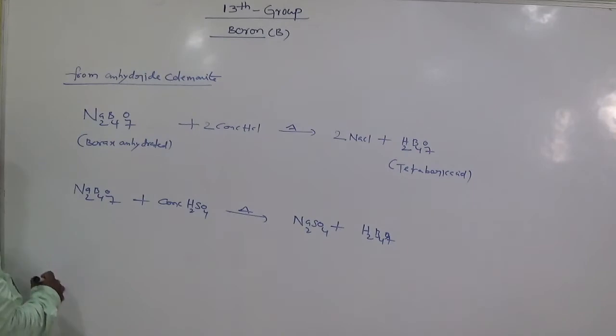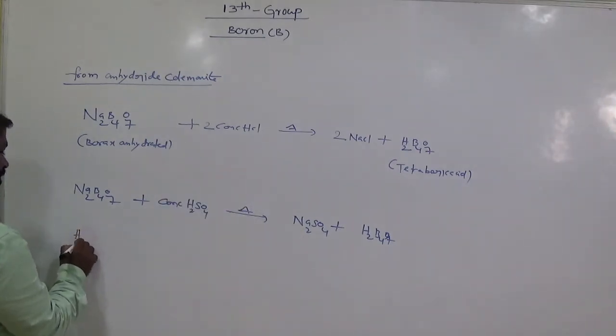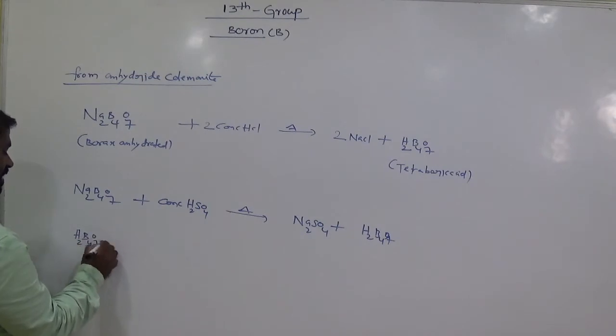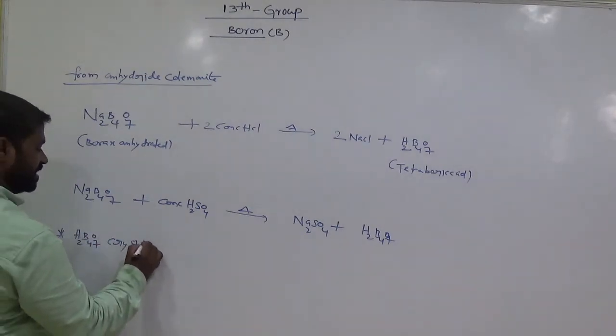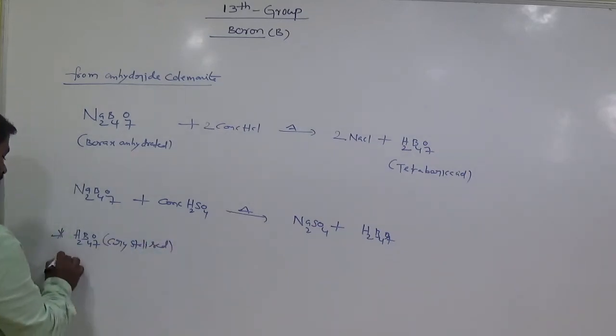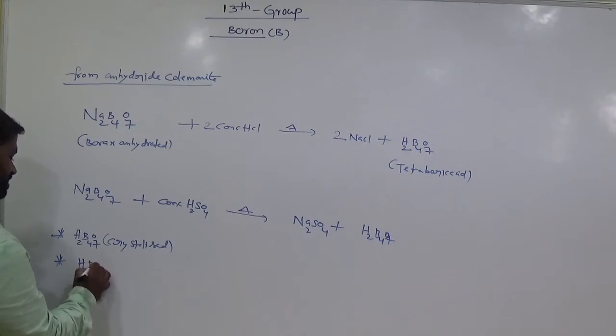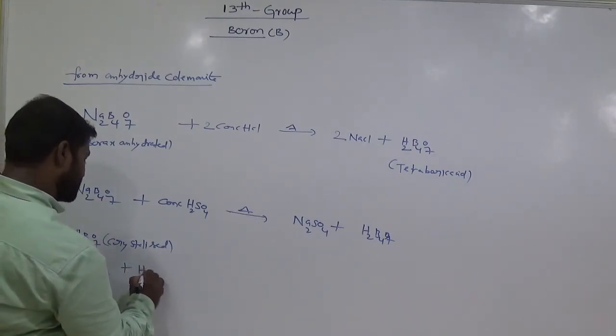Okay, clear students? Now this tetraboric acid H2B4O7 undergoes crystallization. Crystallized means purified.